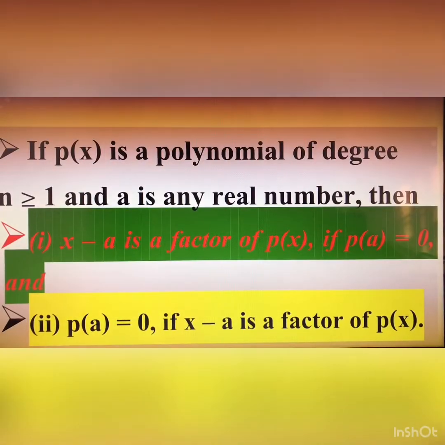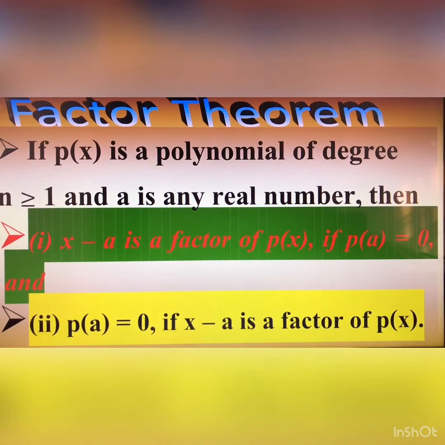Okay dear, now next one, the factor theorem. If P(x) is a polynomial of degree greater than or equal to 1 and a is any real number, then x minus a is a factor of P(x) if P(a) equals 0.